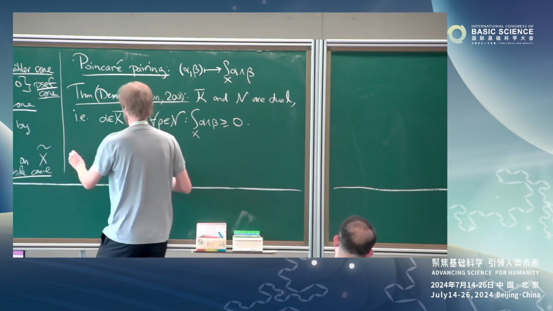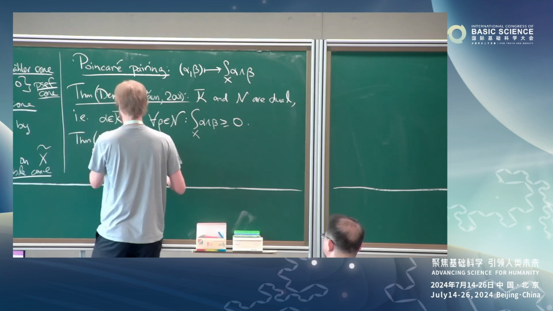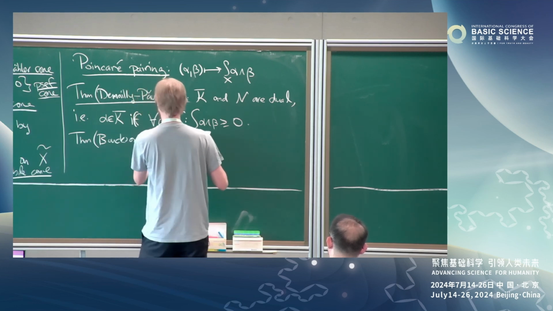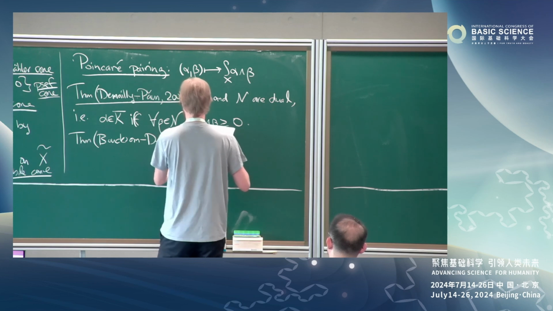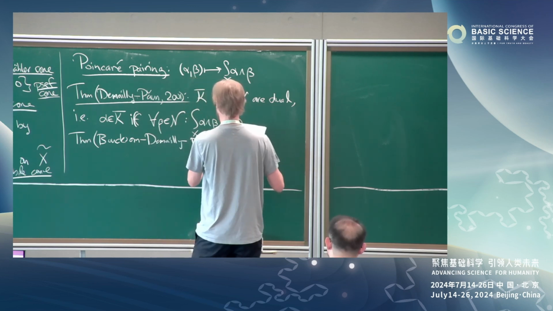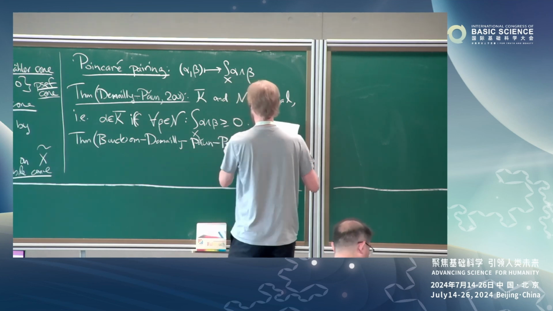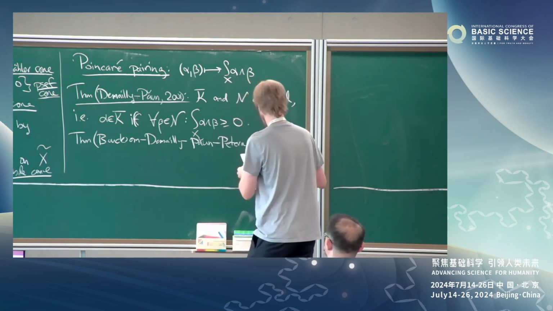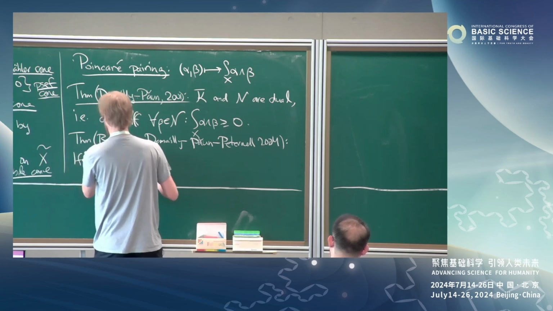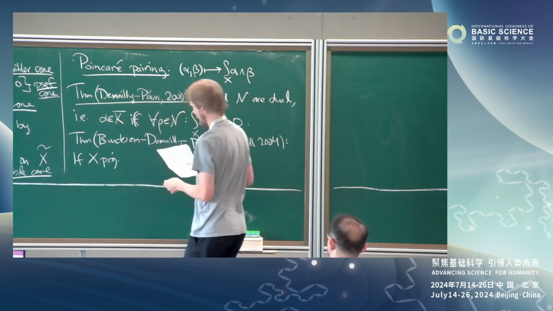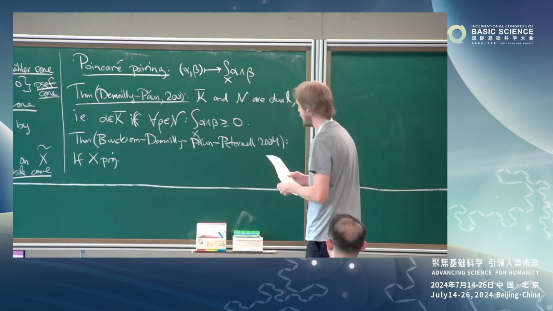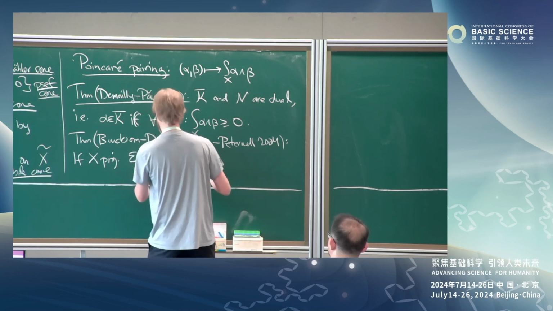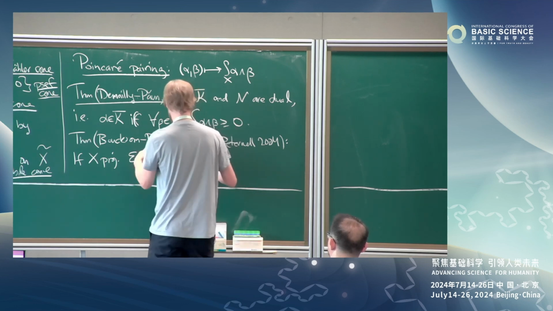So a little bit later, there was another result by Boucksom, Demailly, Păun, and Peternell, which said that if X is projective, then we have another duality statement, and I will explain this very shortly here.